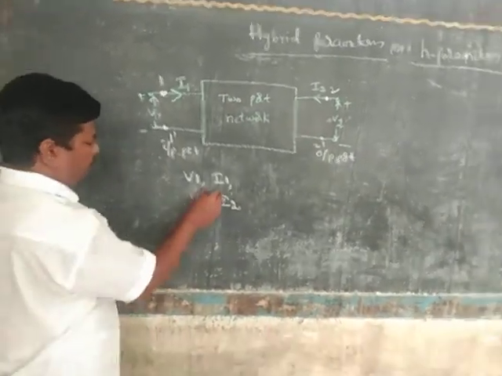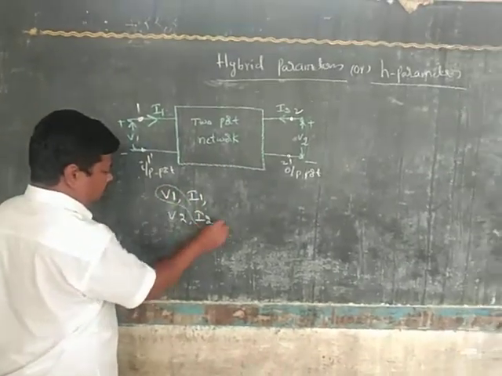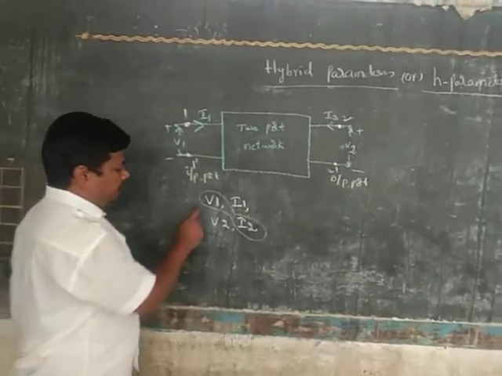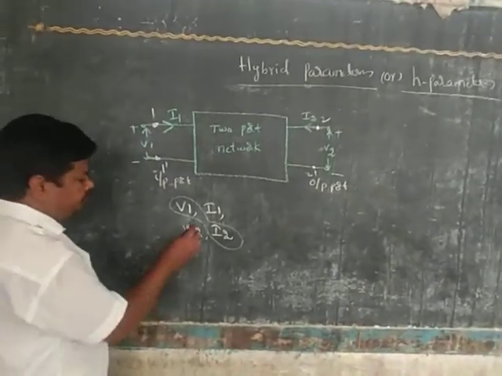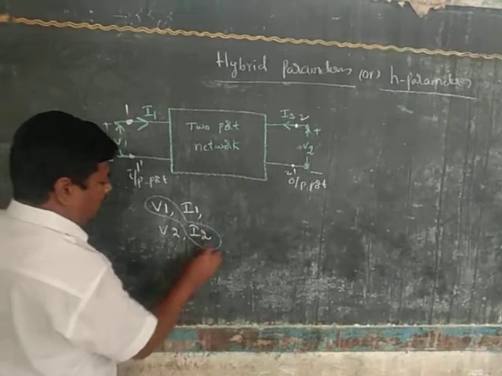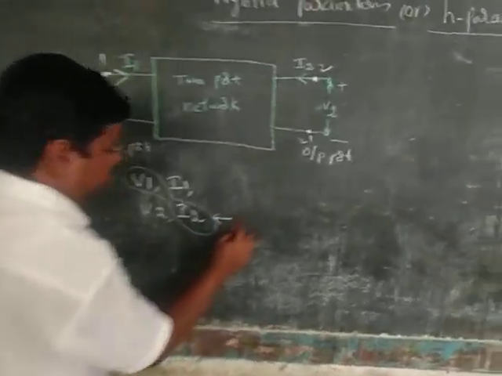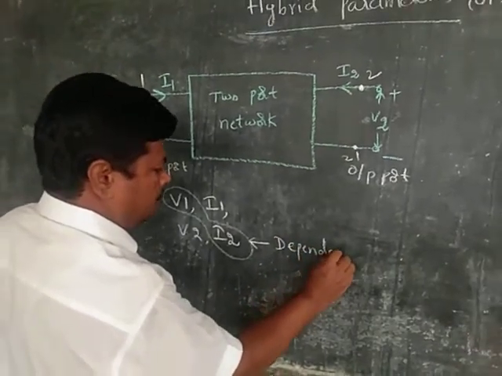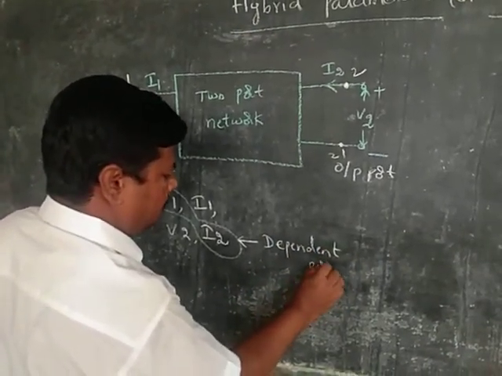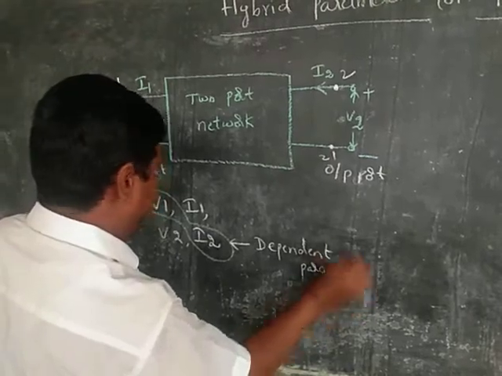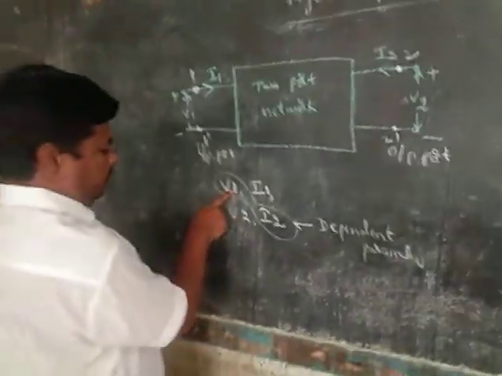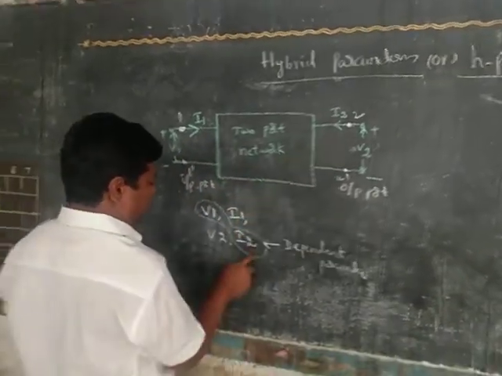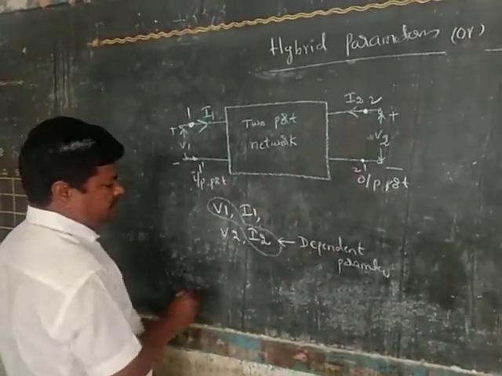Among these 4, any 2 variables are dependent and the remaining 2 are independent. Here in H parameters, V1 and I2 are dependent parameters. That means V1, the port 1 voltage, and I2, the port 2 current, are dependent parameters.